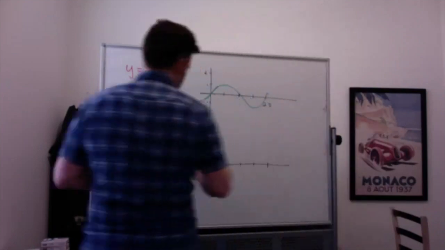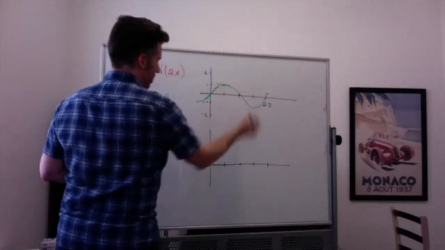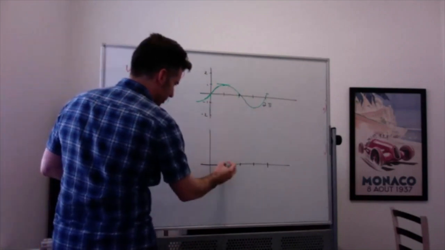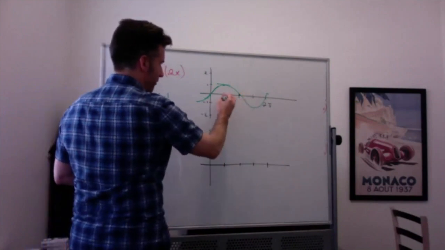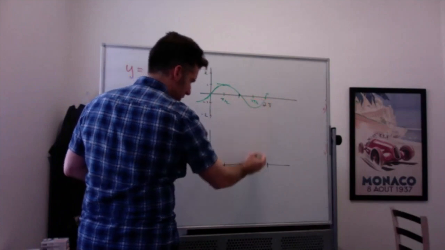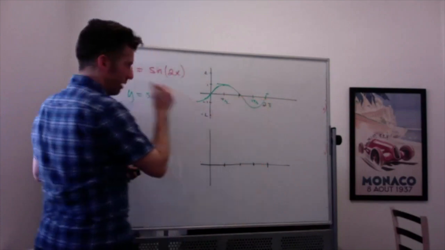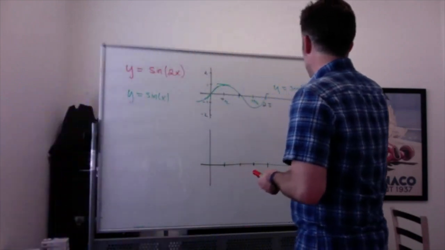So at this point here, the tangent line is horizontal, and the slope of a horizontal line is 0. So the derivative is going to be 0. Same thing here. So at pi over 2 and 3 pi over 2, we can see that the derivative is 0. And again, this is y equals sine of x. Bear with me.